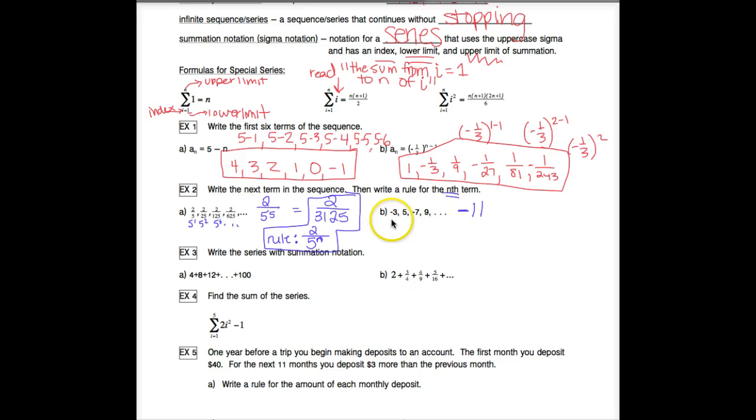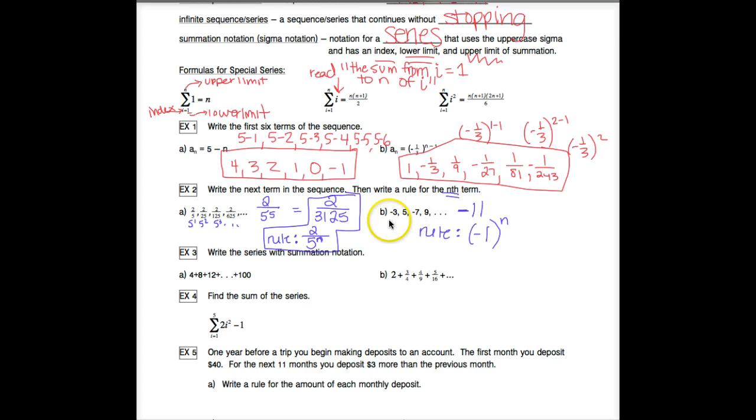So that means it was raised to an odd power, and first, 1 is odd. So I'm going to put in my rule a -1 to the n because my first, my third, my fifth, my seventh will all be odd powers of a negative, which means they will be negative, while my even powers will be positive.